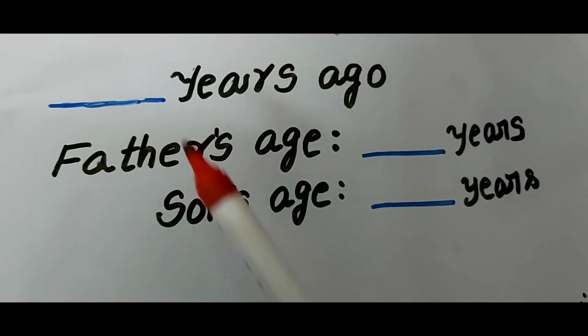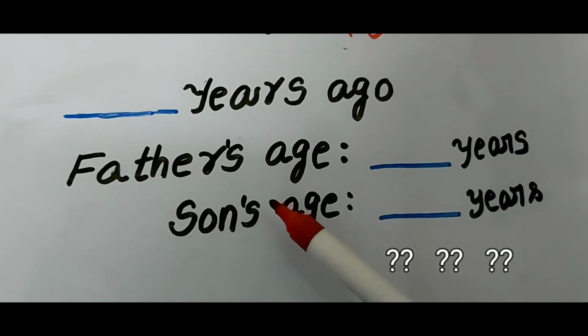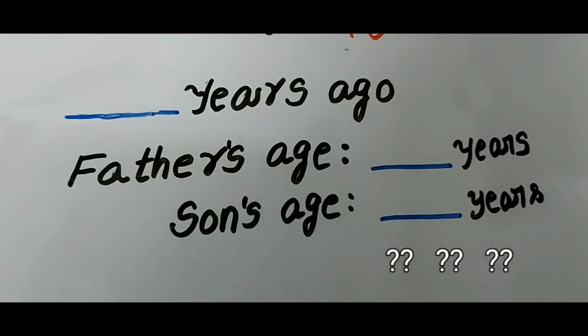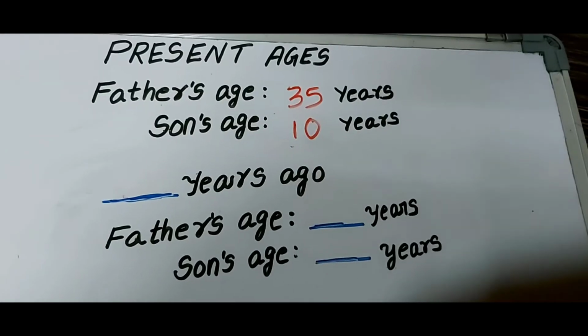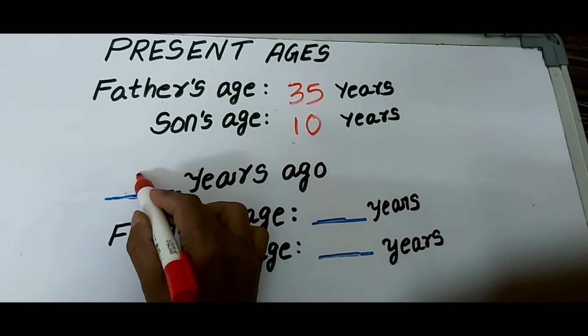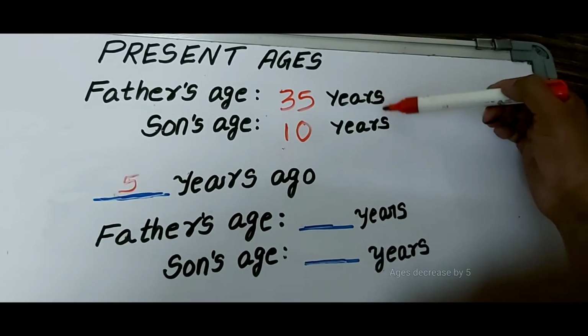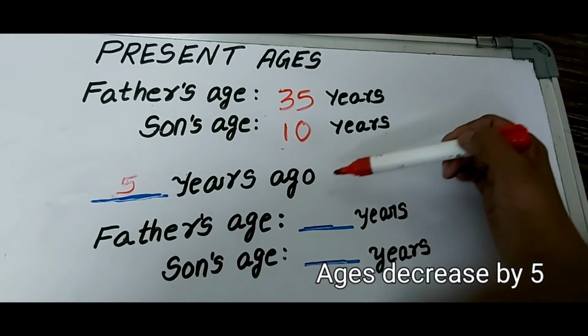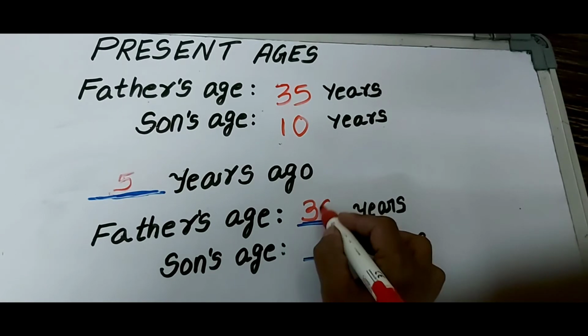Now imagine some years ago, and what would be the father's age and son's age at that time. I would like to take 5 years ago. Since their present ages are 35 and 10, 5 years ago their ages will be 30 and 5.